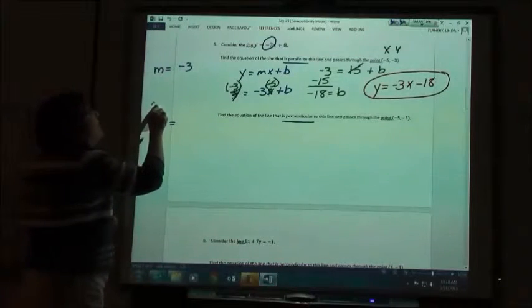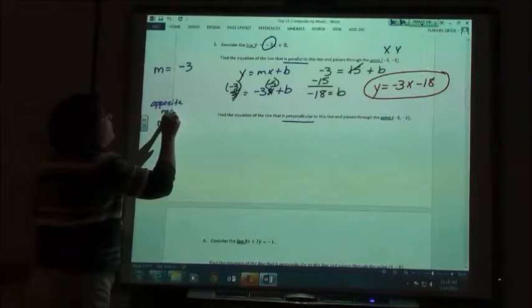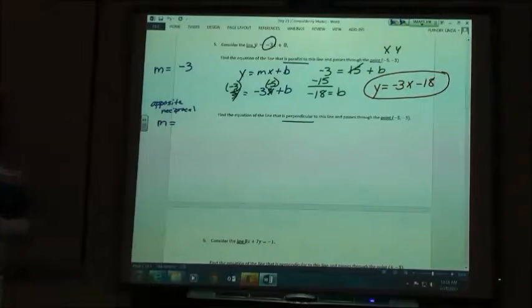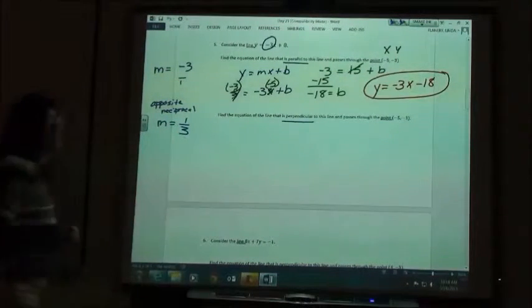You flip it, the opposite, so it's going to be positive 3. The reciprocal. What's the reciprocal of 3? 1/3, right? Because this would be 3 over 1, and so I'd have to have 1 over 3 then.